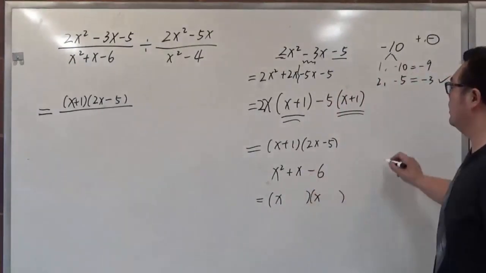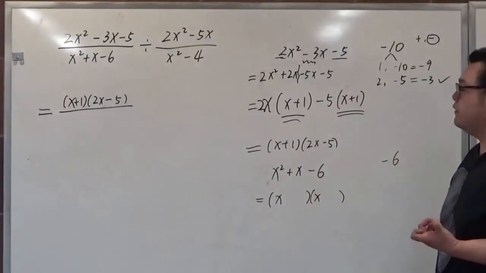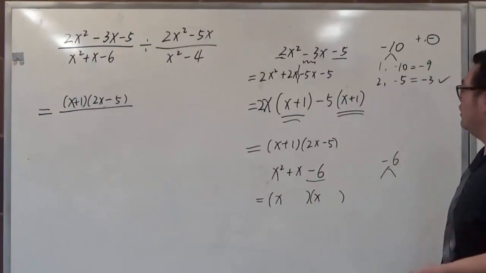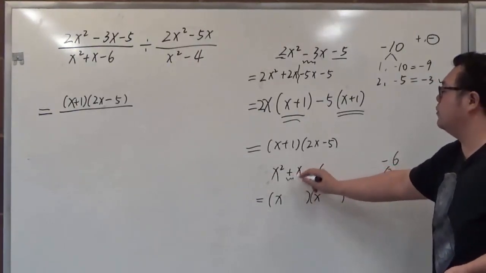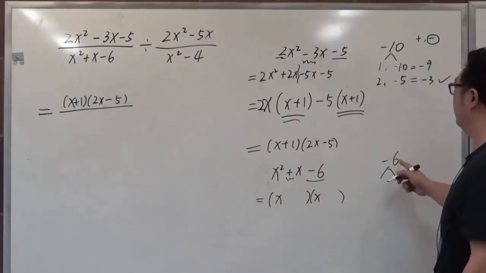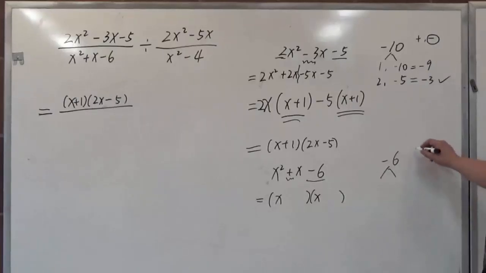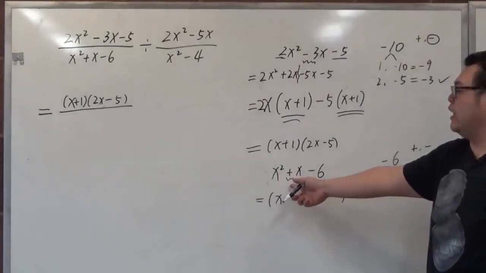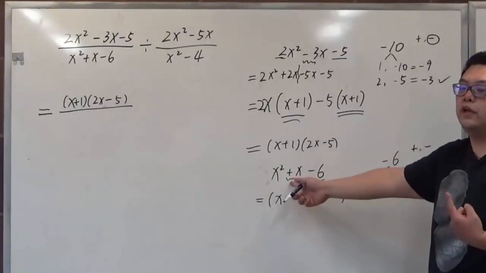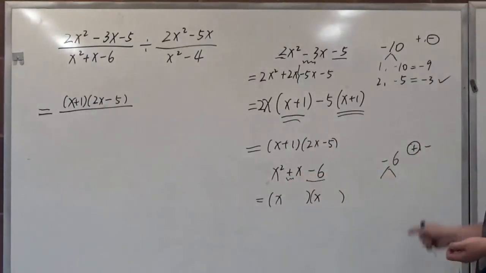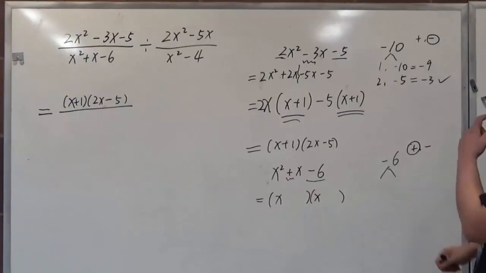What we need to look for are the factors of negative 6, and what we want is the positive 1 in front of our x. A negative number can be factored into a positive and a negative, but since we have a positive coefficient of x, we need to keep the positive factor as the larger number.